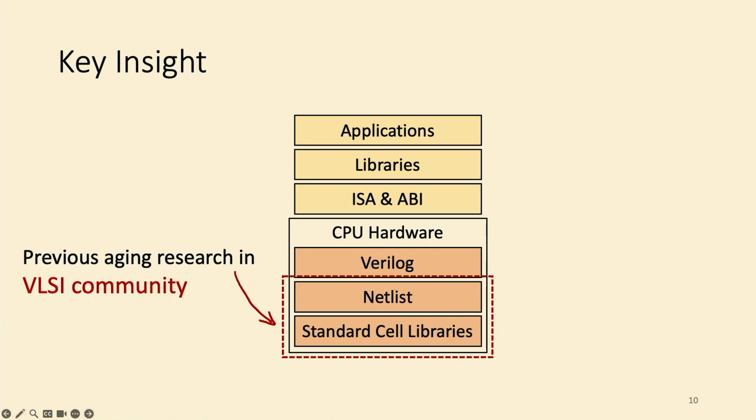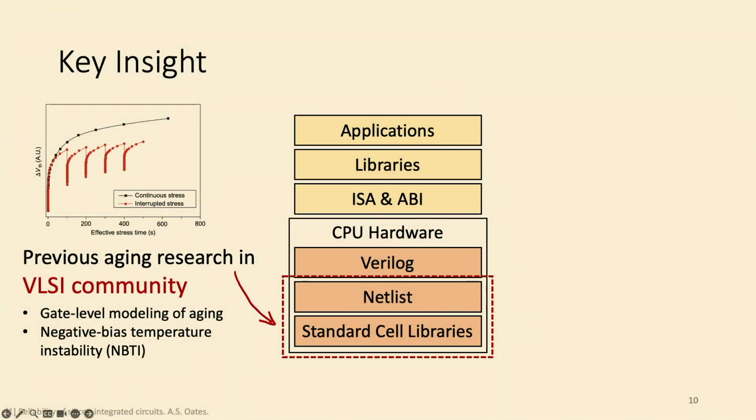Now, unsurprisingly, the VLSI community has done a whole bunch of research related to aging, and they have quite a bit of knowledge about aging, and models at the gate level of how aging works. So specifically for the most important aging effect, NBTI, or negative bias temperature instability, there's quite a bit of understanding of how it actually manifests in standard cell libraries.